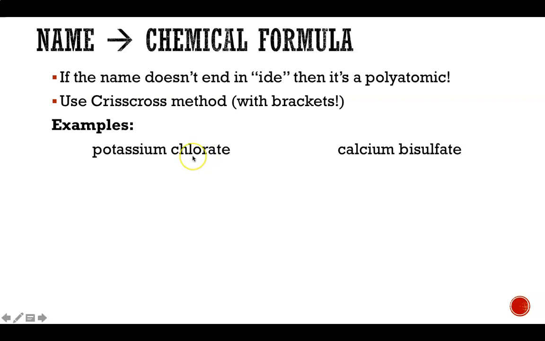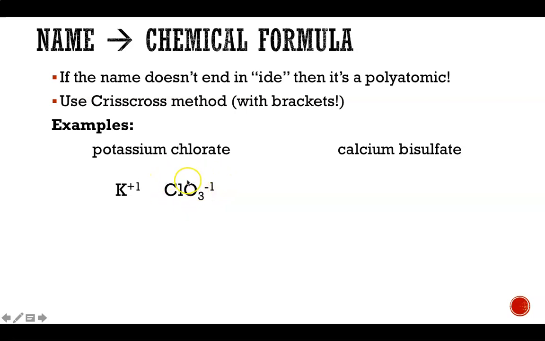So let's look at the first one, potassium chlorate. So start by writing the symbol for each of these with their charges. So potassium is in group 1, means it has a charge of +1, and then chlorate, if we look at our chart on the back of the periodic table, we see that chlorate is ClO3, and it has a charge of -1 on it.